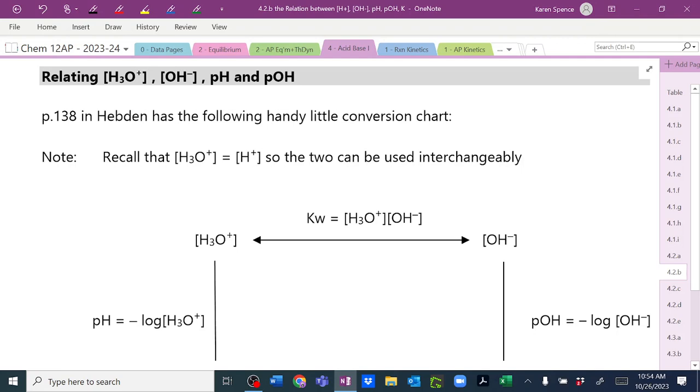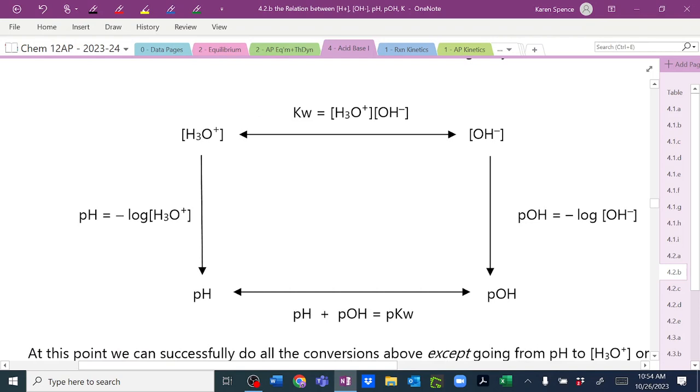So it's the power of 10 of the hydrogen ion, power of 10 of the hydroxide ion, power of 10 of the Kw. So power of 10 of Kw is 14. That's not, I don't think, what it really stands for, but that's what I say it stands for. I don't know for sure what it really stands for. Feel free to look it up. You can tell me if I'm wrong.